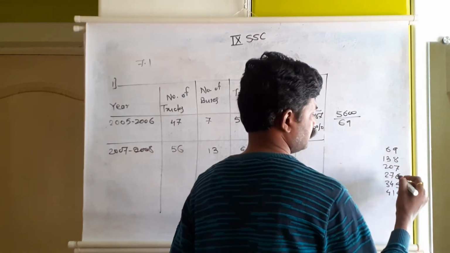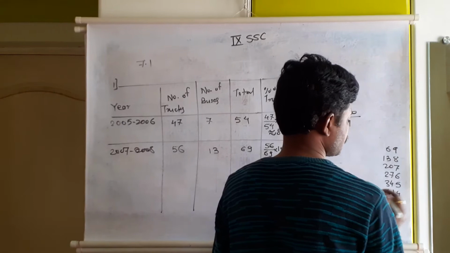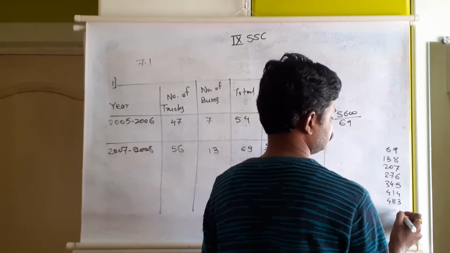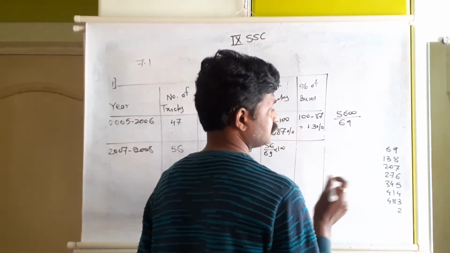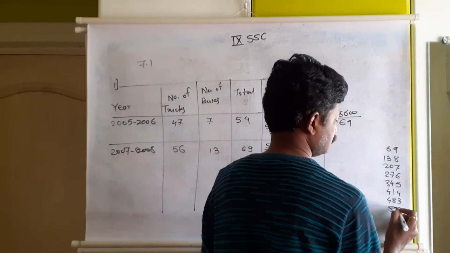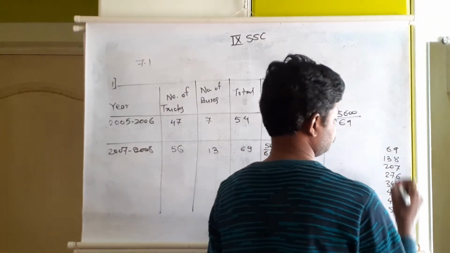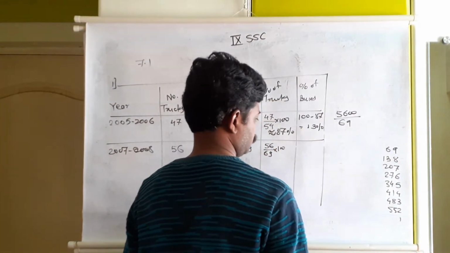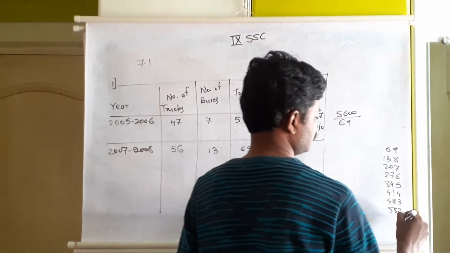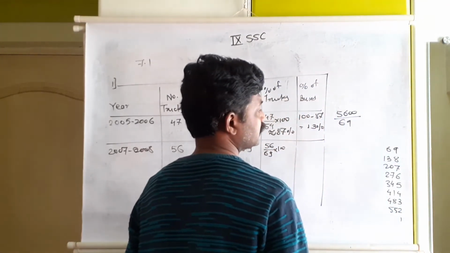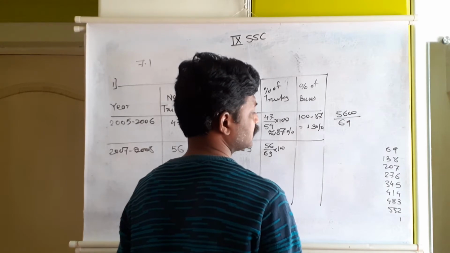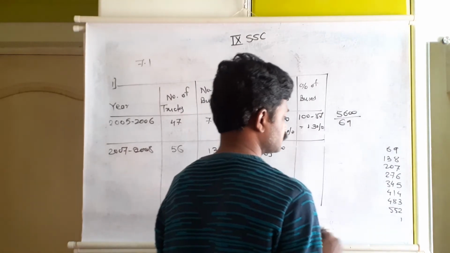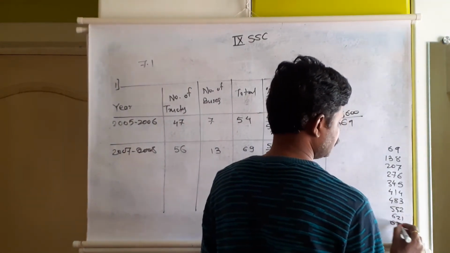So 1 2 3 4 5 6s, 7s are, carry 6, 42 plus 6 is 48, then 8s are, carry 7, 552, 9s are, carry 8, 9 9s are 81, carry 8, 9 6s are 54, 54 plus 8, 54 plus 6 gives 60 plus 2, 62, and then 10s are 690.